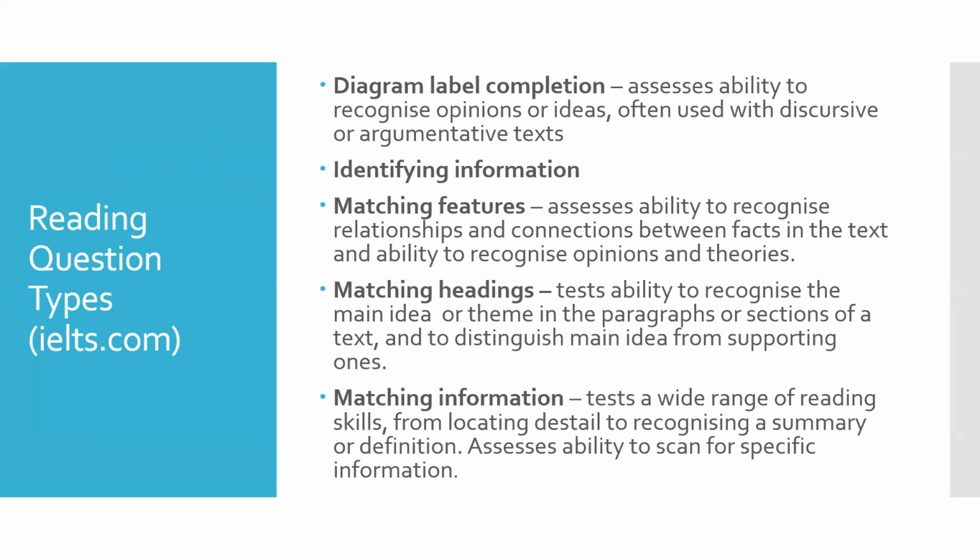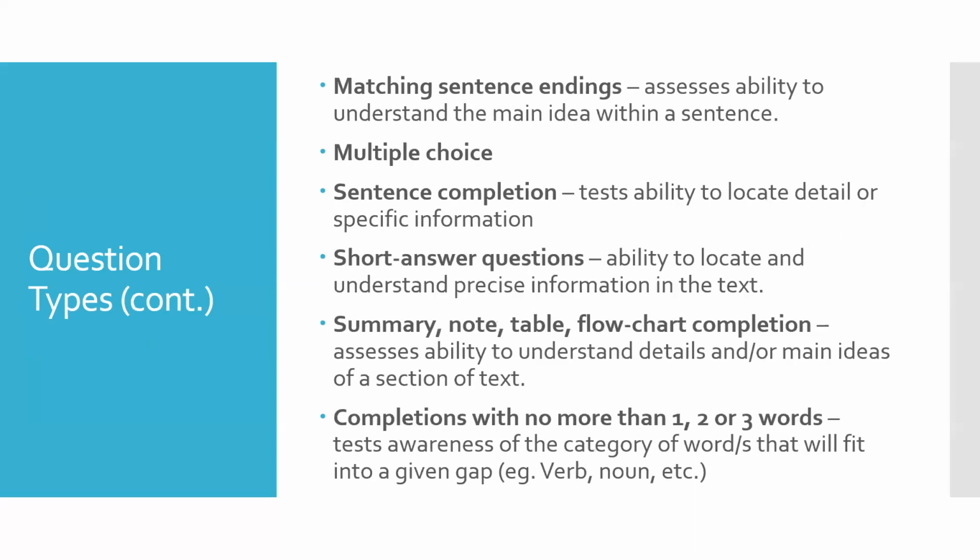The types of reading question in the academic module are of the following nature: diagram label completion, identifying information, matching features, matching headings, matching information, matching sentence endings, multiple choice, sentence completion, short answer questions, completion of a flowchart, a summary, a note, or a table, and completions with no more than 1, 2, or 3 words.